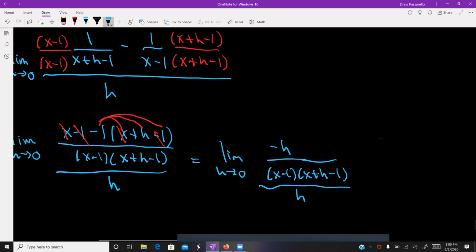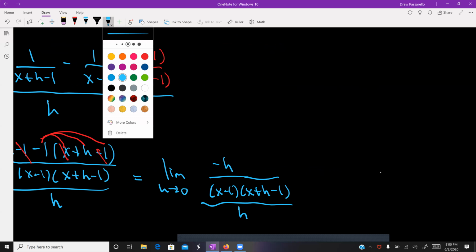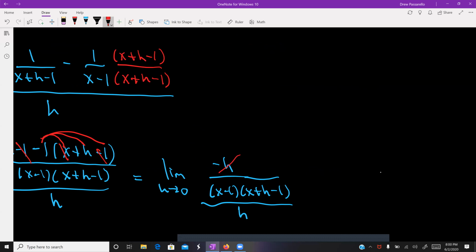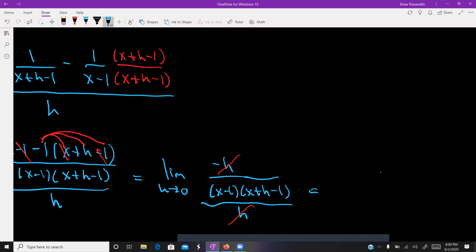Now the h's do divide out, so I can cancel those. Now I just have minus 1 up top. And on the bottom, the h on the very bottom canceled out with the h on the very top, so this will be x minus 1 times x plus h minus 1.